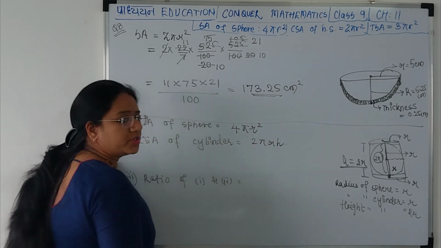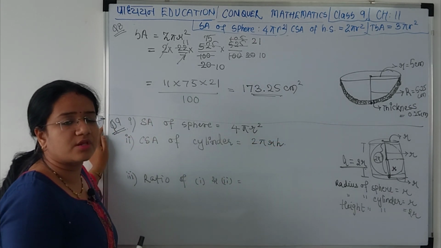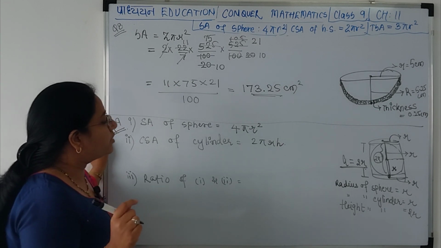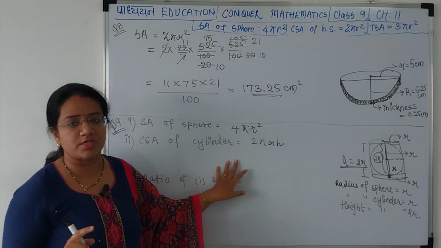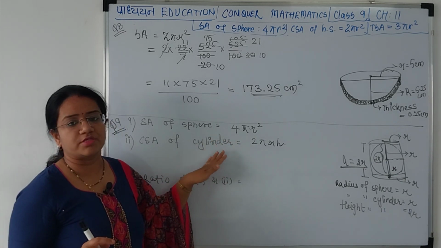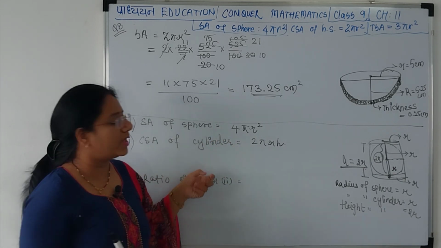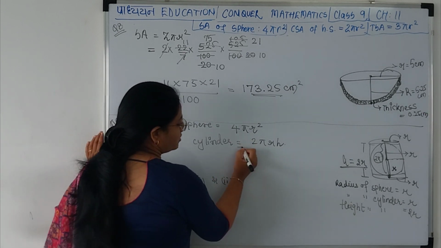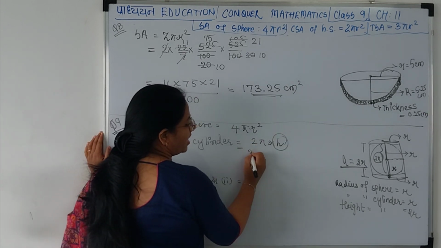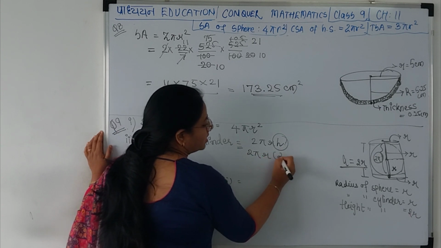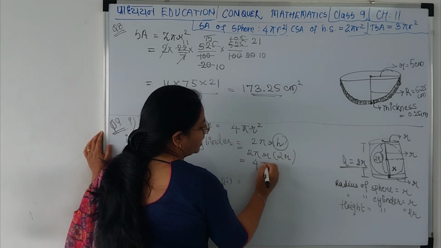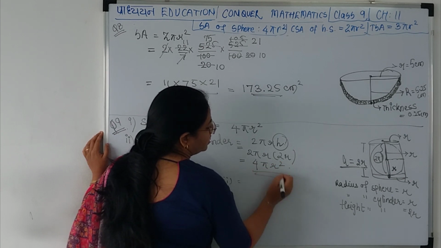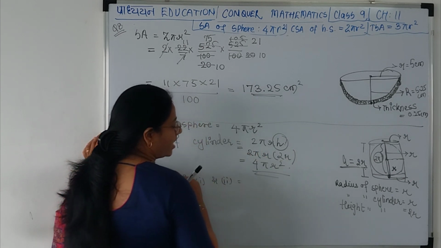Like I said in the first video, the link to which you will also find in the description, when I was making you write the formula table, I said there is only one question which involves the surface area of cylinder. This is that question, correct? So this is 2 pi r h. Here we have h as 2r, 2 times radius. Therefore this becomes 4 pi r square.